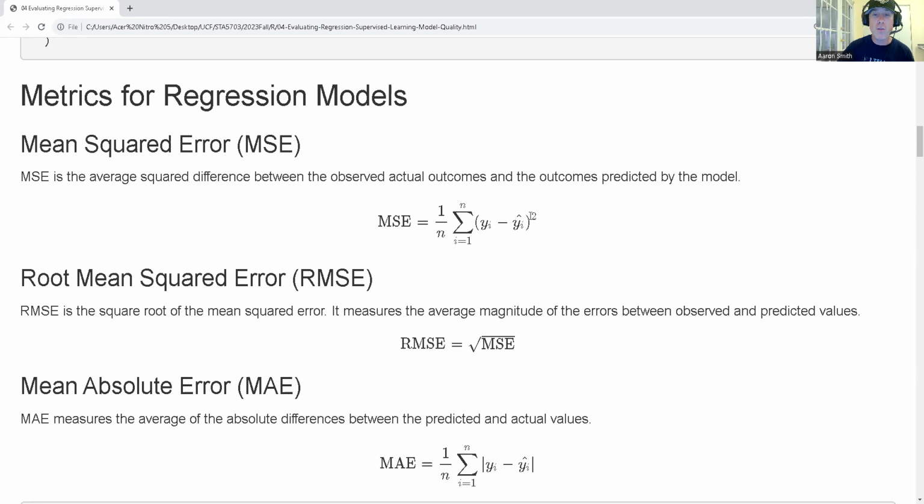If I was to change this to the absolute value cubed, or the fourth power, the power of 5, the power of 6, and so on, the larger that exponent I put on there, the more, in the optimization process, we would be trying to avoid large errors. In doing so, we would be sacrificing smaller errors.